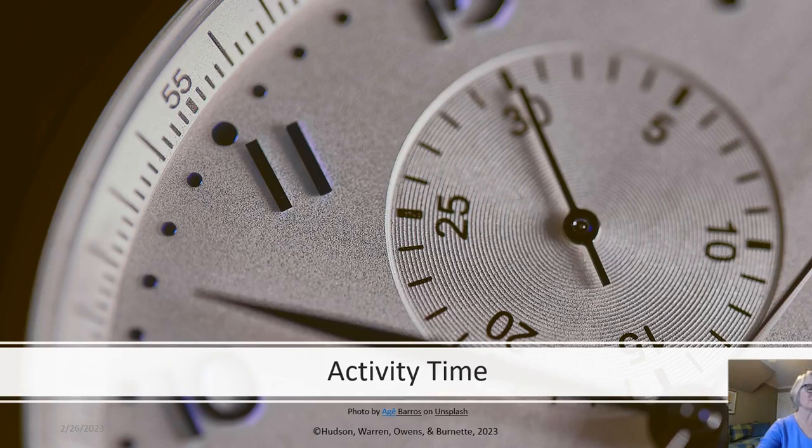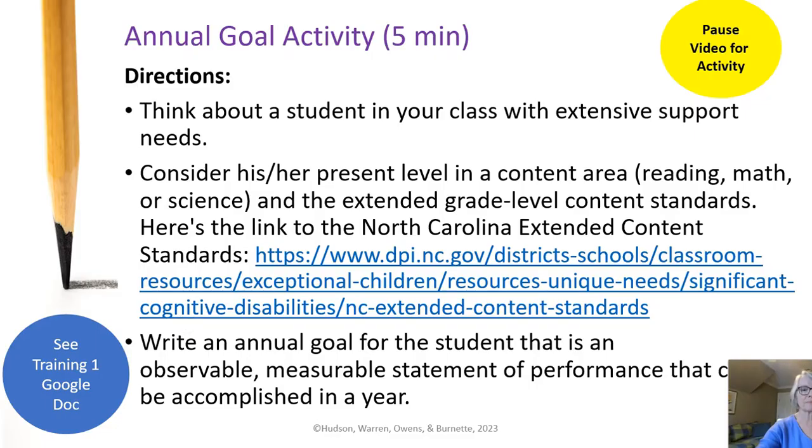All right, now it's time for you to apply what you've learned in another activity. The annual goal activity should take about 5 minutes. During this activity, we'd like for you to think about a student in your class with extensive support needs and consider his or her present level in the content area, reading, math, or science, and the extended grade level standards, extended content standards.